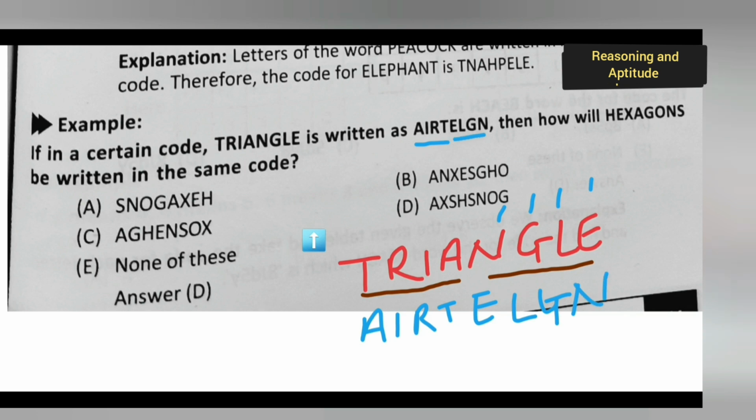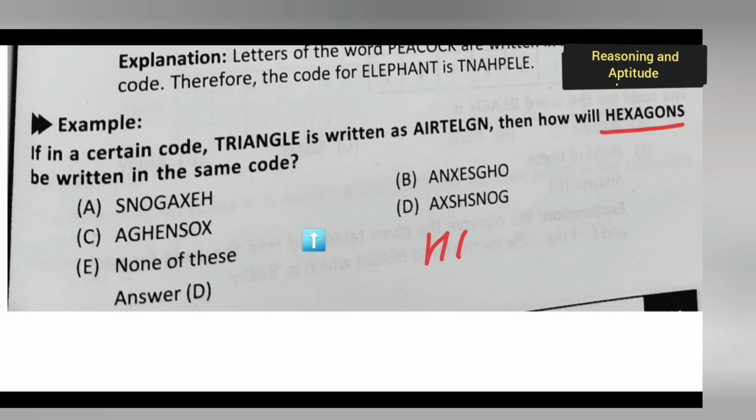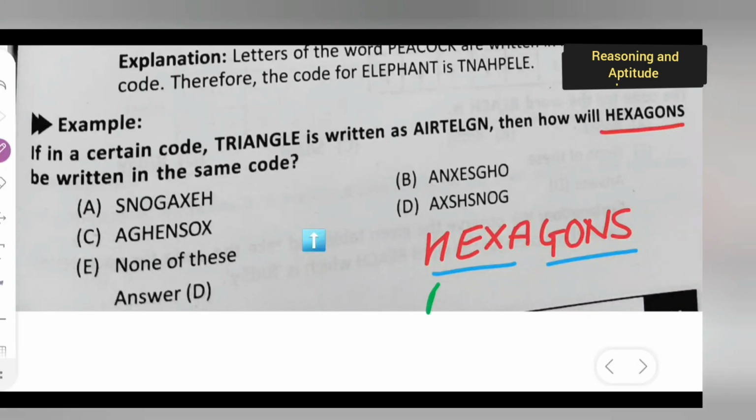Are you all getting it? In the same way, write HEXAGONS. First I have to see the first four, and do it in reverse. AXEH, then SNOG.